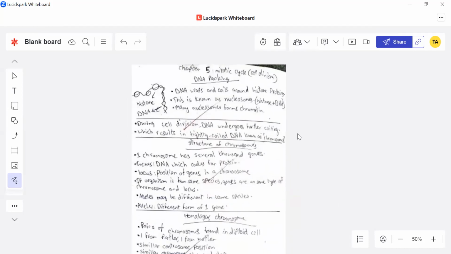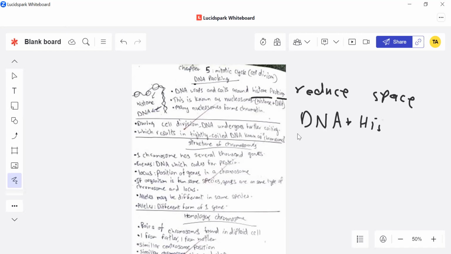Let's start with some definitions first. So, DNA packaging, right, is when DNA wraps and coils around histone protein. Why does this happen? To reduce space. Remember that DNA would combine with histone protein so that it reduces space.